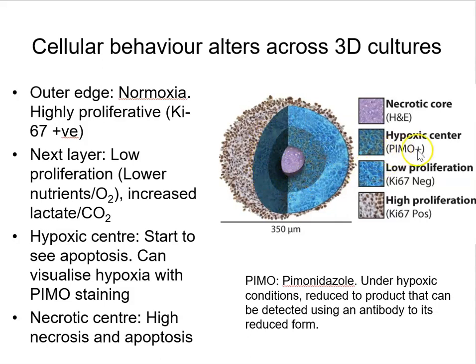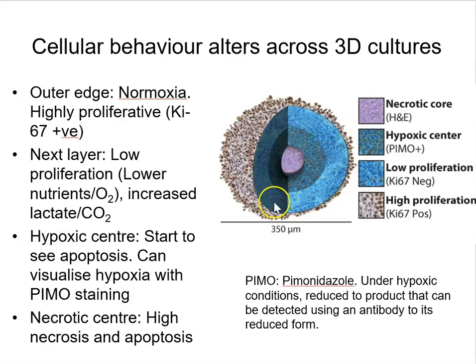It's labelled here as PIMO positive because PIMO is a stain that we use. Pimonidazole is a stain that changes its chemical structure in the presence of oxygen, and then we can use an antibody to detect regions of tissue which are hypoxic. So this would be a PIMO positive or hypoxia positive region.